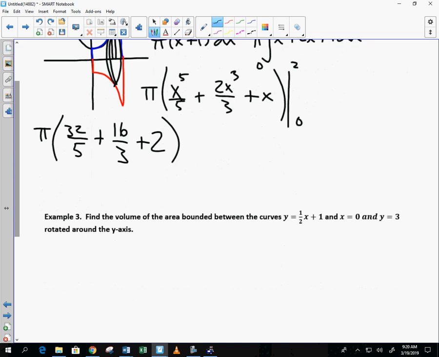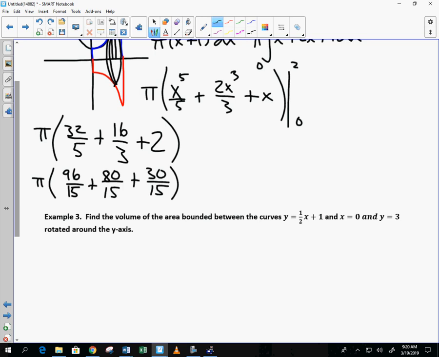Common denominator? Pi times, let's see, it's going to be 96 over 15, plus 80 over 15. I was just writing the 1. It's not like I forget that stuff. Don't make mistakes. 30 over 15. Yeah?